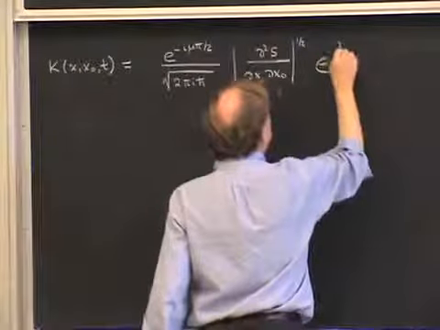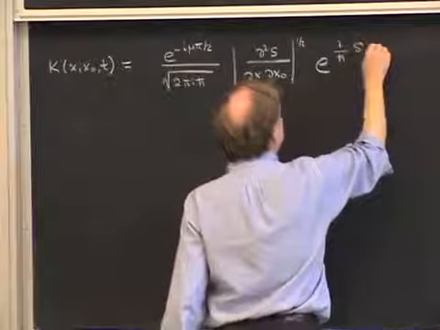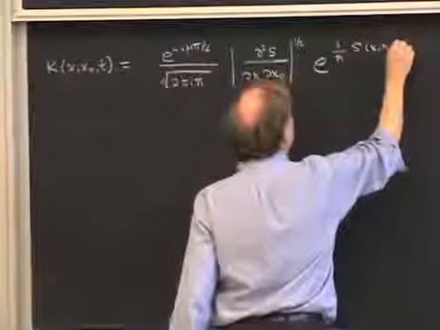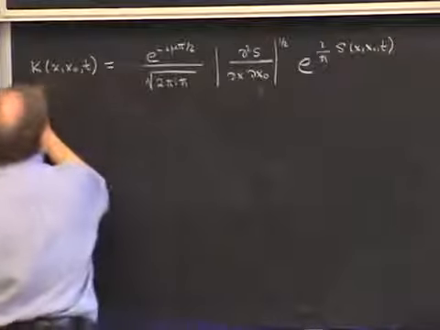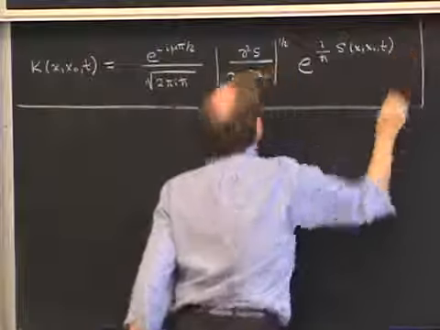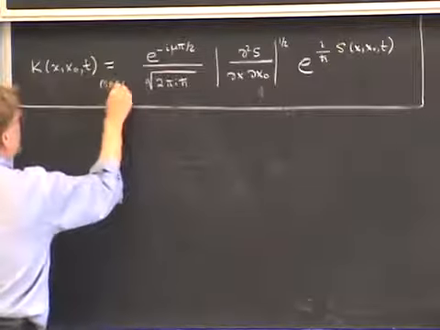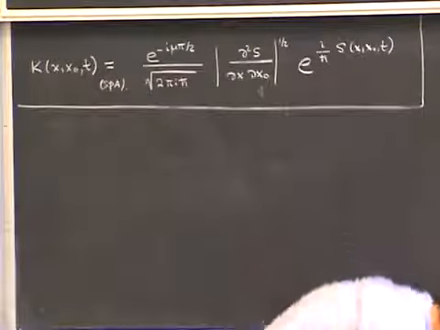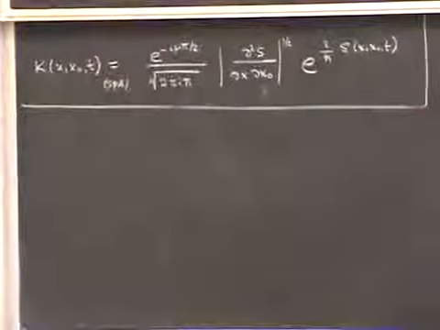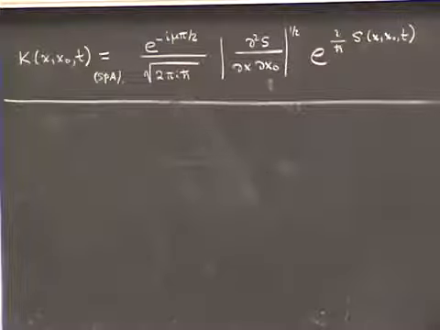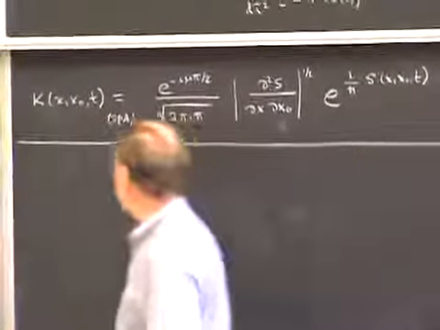And then it's e to the i over h bar times Hamilton's principal function S of x, x0, and t. And this is the stationary phase approximation to the propagator. It provides the principal link between classical mechanics and the time evolution in quantum mechanics.